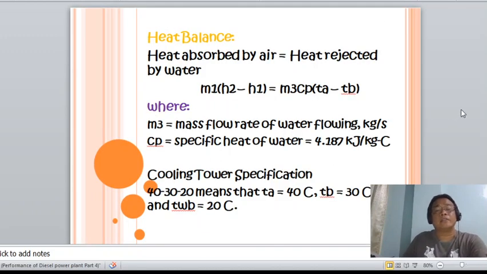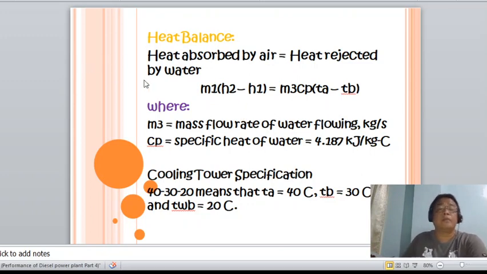So, heat balance. The heat absorbed by air equals the heat rejected by water. Okay? So, that equals M1, the mass of air, multiplied by H2 minus H1, equals M Cp delta T. Okay?